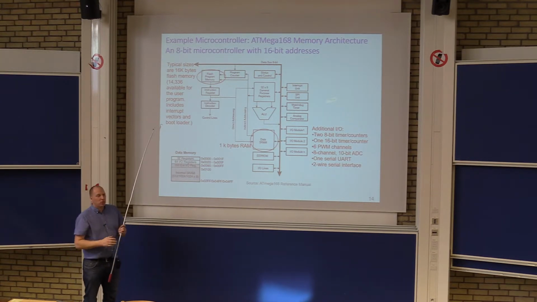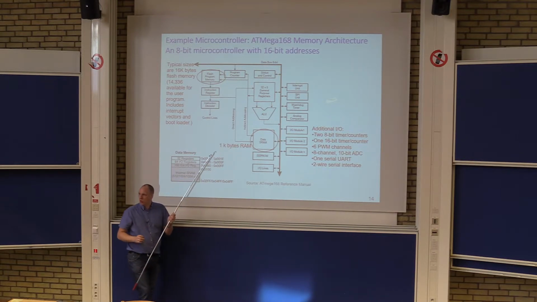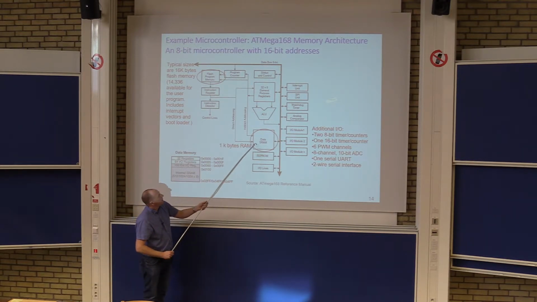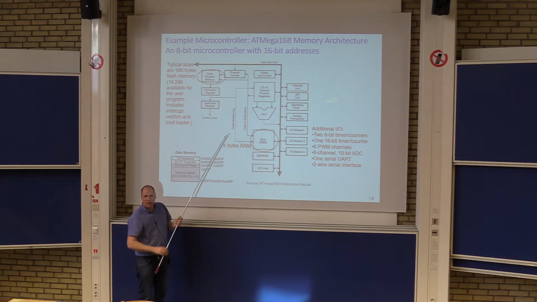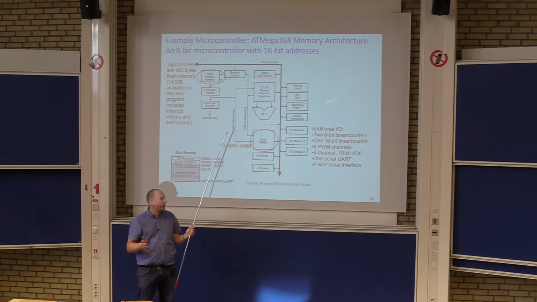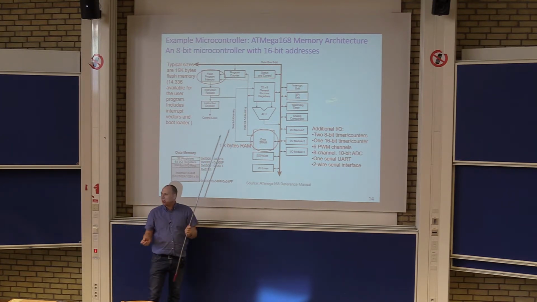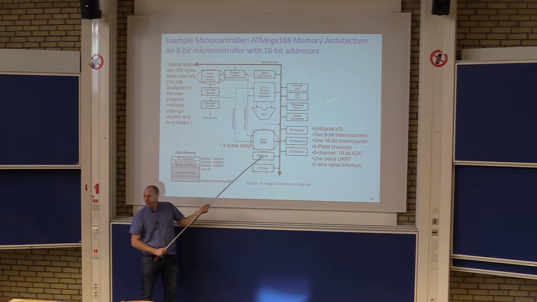If you would like to add 2 numbers that are represented in the RAM, you first have to move the values from the RAM into one of the 32 registers that you have. So first you move the one number, and then you move the second number, and then you ask the ALU to do the addition or subtraction or whatever it is. And then you will get the result in another register, and then you have to move it back to the main memory.